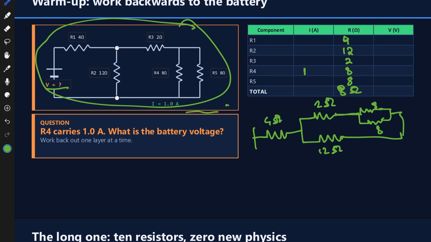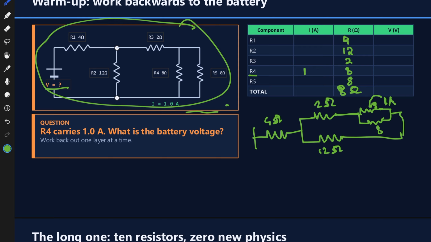Okay, so with this, if we're given that the current in R4, so R4 over here is this resistor, or either of these, right? It doesn't really matter, but because they're both 8, R4 here, we're given 1 amp. So that's the current in this resistor.